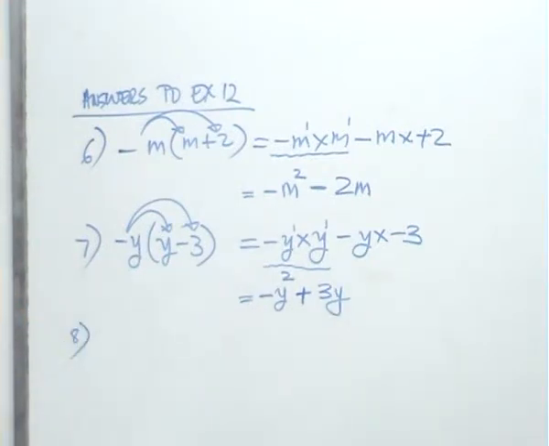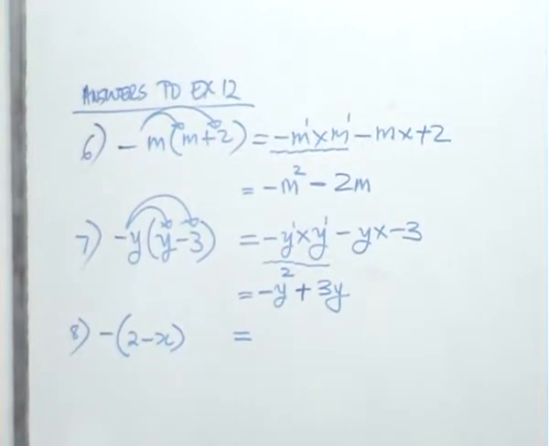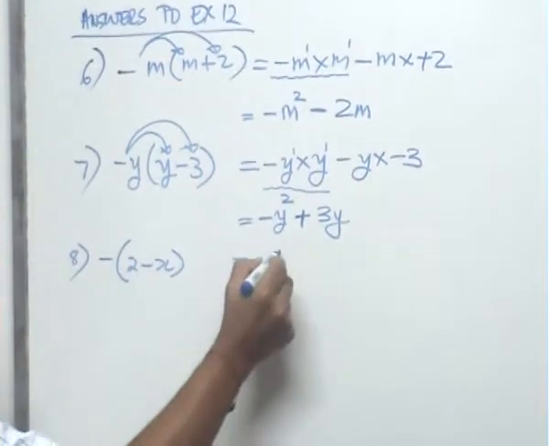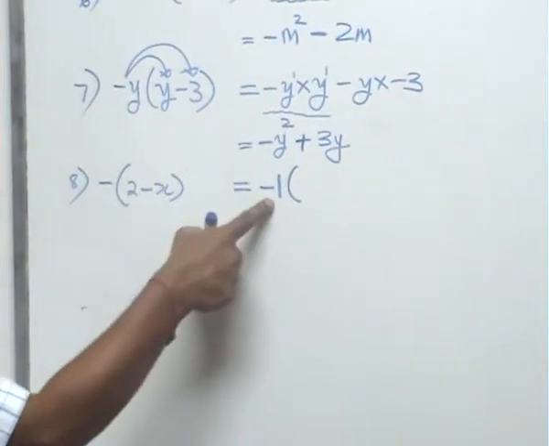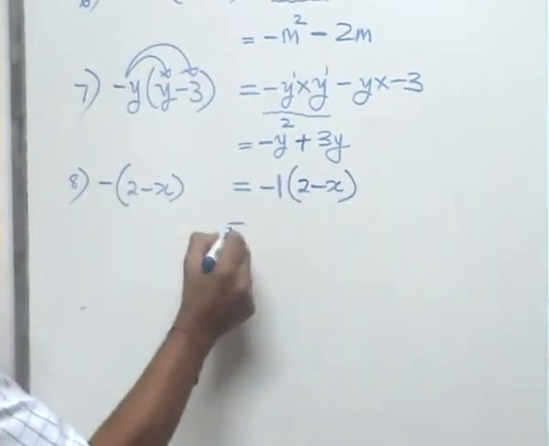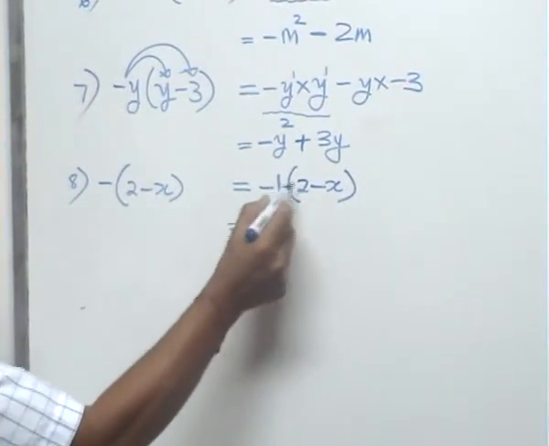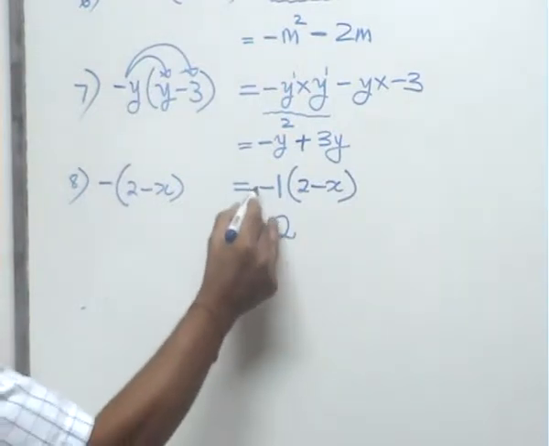Number 8. Minus into 2 minus x. Now once again, that means minus 1 into. It will be written like this, but you got to write the 1 down. It is understood. Minus 1 times 2 will give you minus 2.